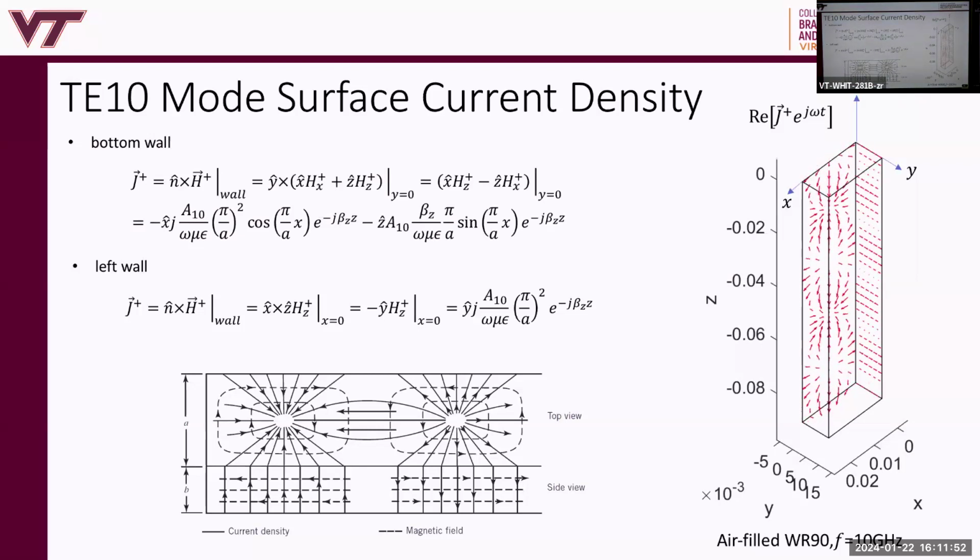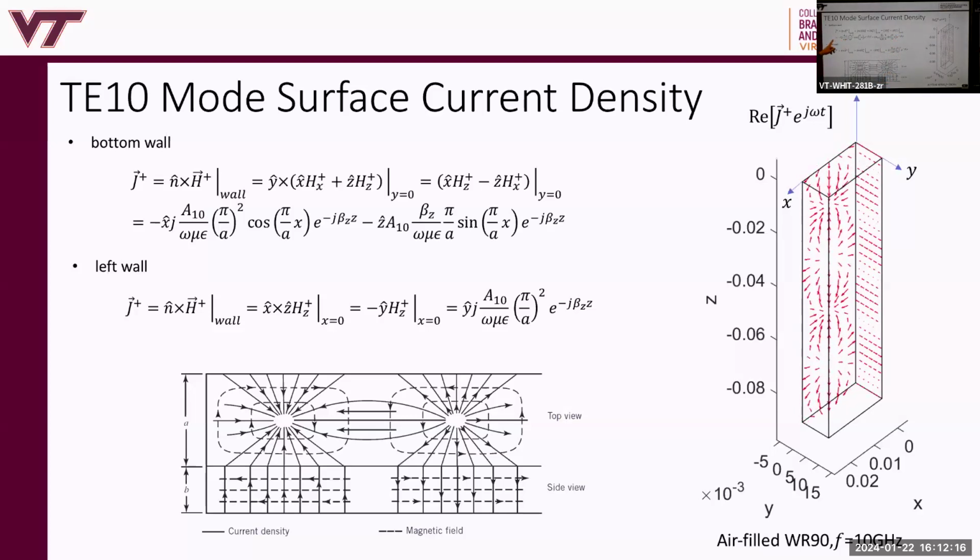So y crossed with x gives you minus z, right? And then y crossed with z gives us x, right? So we get x Hz plus minus z Hx plus, all right? We evaluate this at y equal to 0, putting us on the bottom wall of the waveguide.